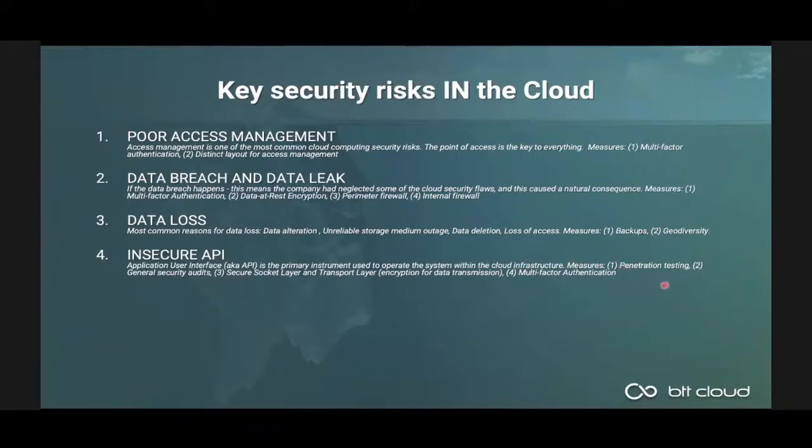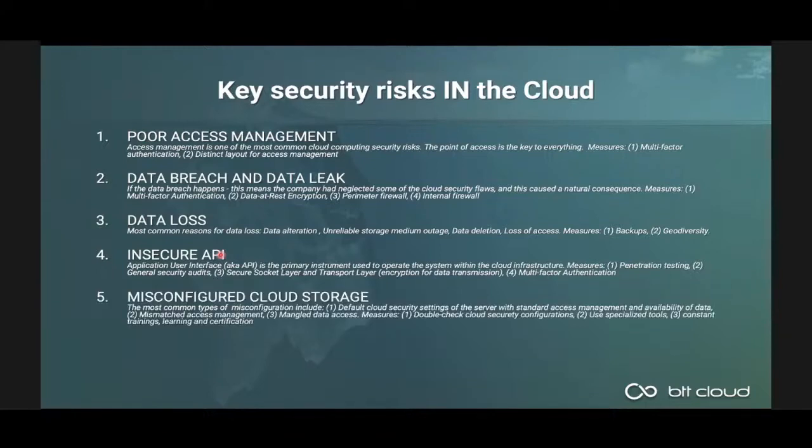Common measures: penetration testing, security audits, socket and transport layer encryption security, the same multi-factor authentication, even for the API connections. We want to make sure that our applications are not vulnerable when they are transmitting data from one to another.